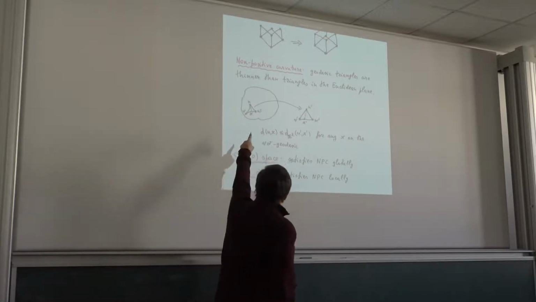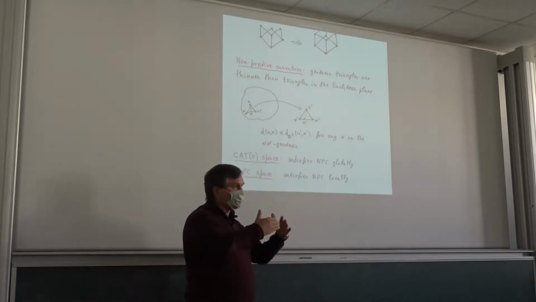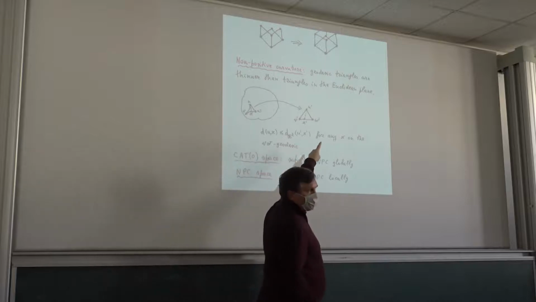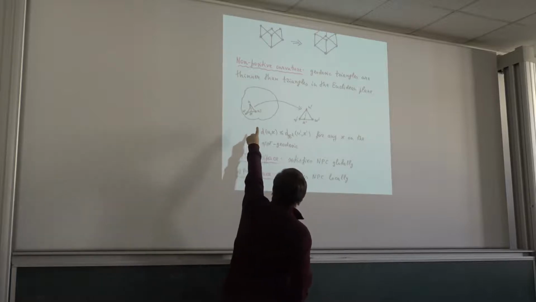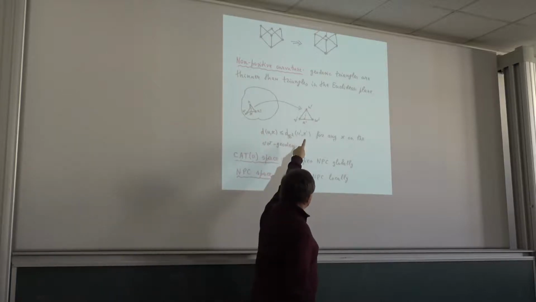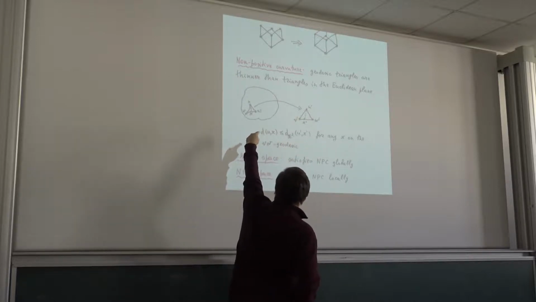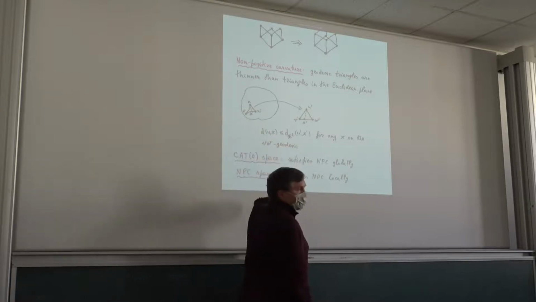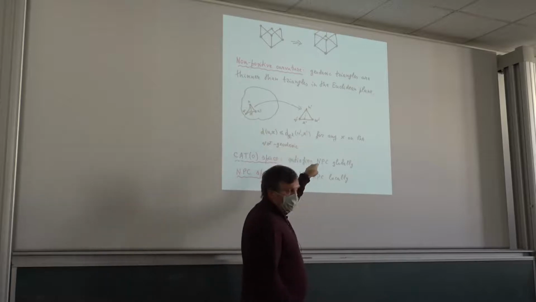Namely, you take 3 points and 3 geodesics in this cube complex, Euclidean geodesics. Then, by the triangle inequality, you have a comparison triangle in the Euclidean plane. For any point x, you have a comparison point x prime. The CAT(0) condition, or non-positive curvature condition, says that the distance in the space between u and x is smaller or equal to the Euclidean distance between u prime and x prime.